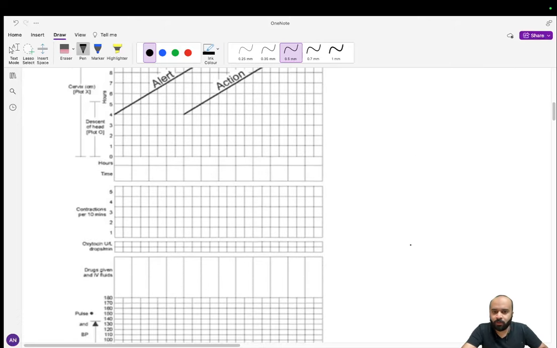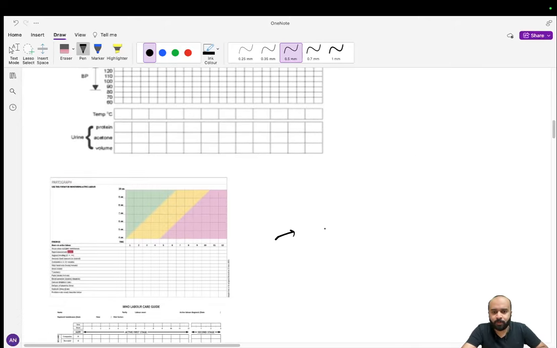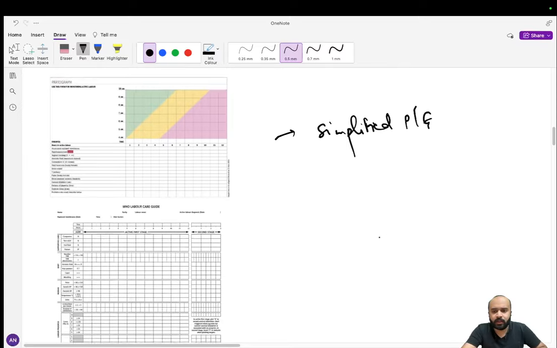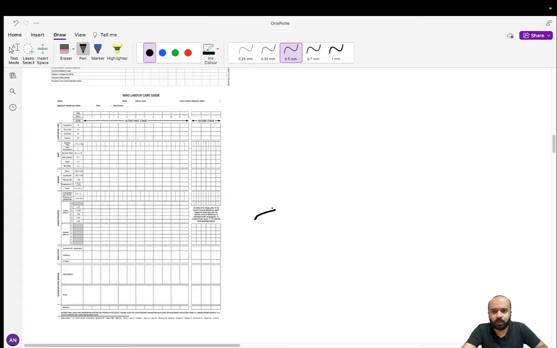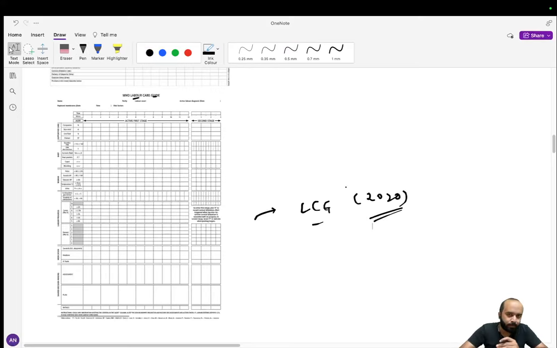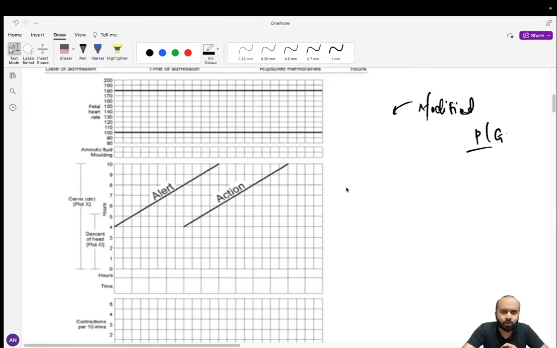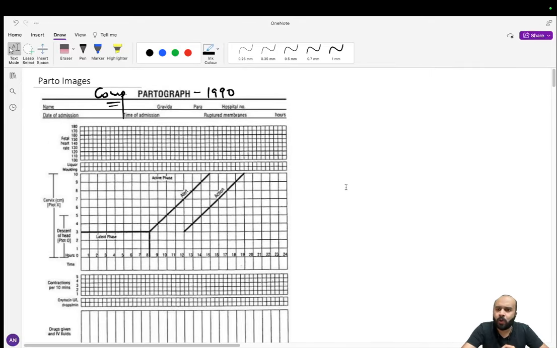Then this was a simplified partograph. And finally, the latest update, the WHO Labor Care Guide, LCG, which was released in the year 2020. So this is the latest and the youngest sibling of all the four, the senior most being the composite partograph.